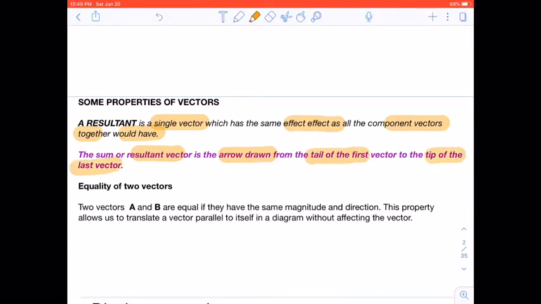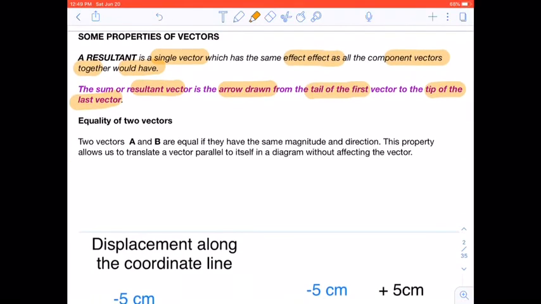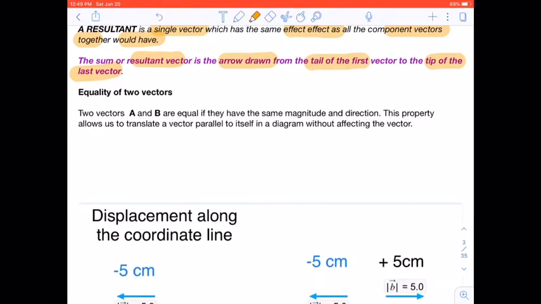We dealt with this in a previous video as well. Now let's look at equality of vectors. Two vectors, A and B, are equal if they have the same magnitude and direction. They must have the same magnitude and they must have the same direction.